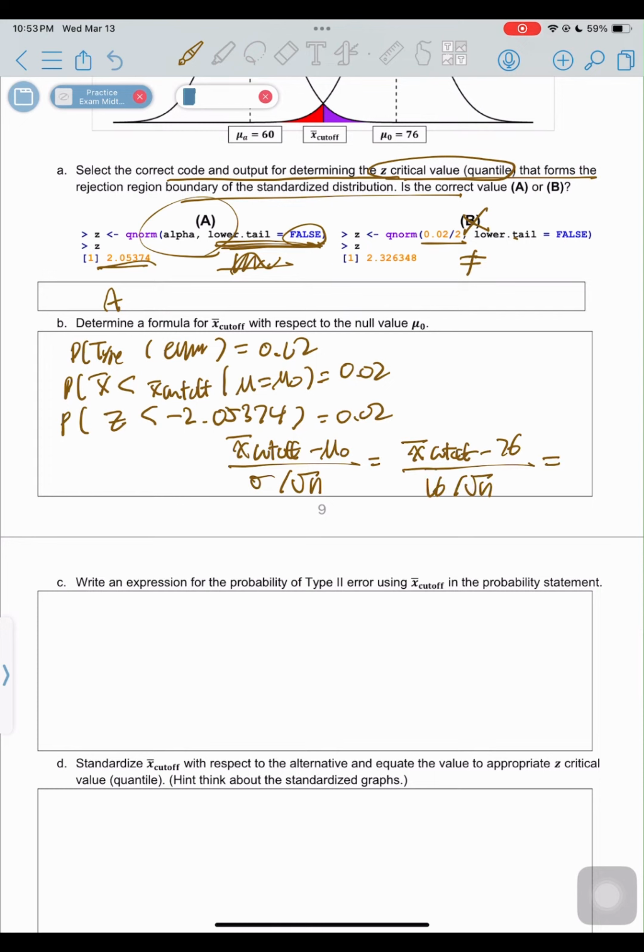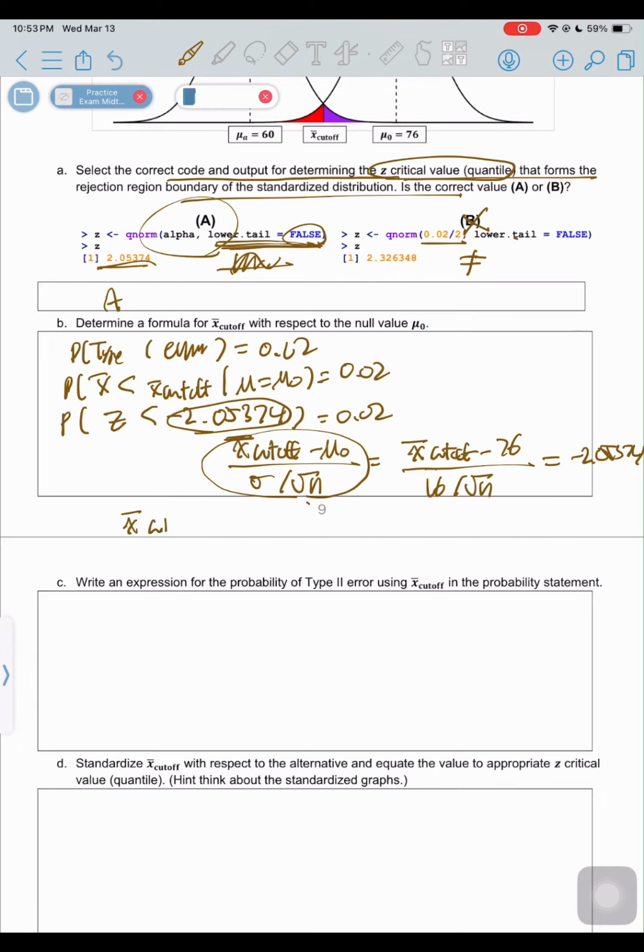That value is equal to negative 2.05374. Because when you standardize, you do mu minus mu naught over sigma over square root of n. Without using the mu value, we change it with the X bar cutoff, which is the sample mean cutoff value we are interested in.